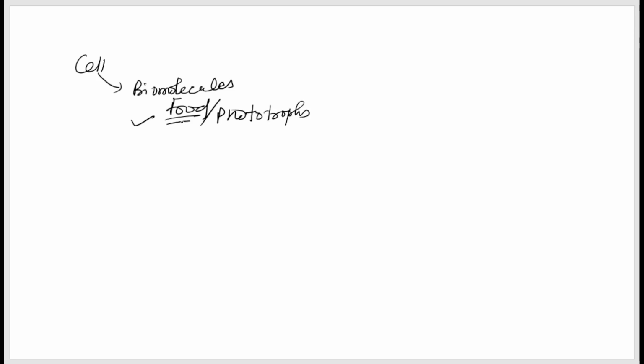Primary metabolism. Suppose inside the cell it is taking biomolecules through food, or maybe if it is a plant or something else, food in the case of heterotrophs, animals and all that, phototrophs.